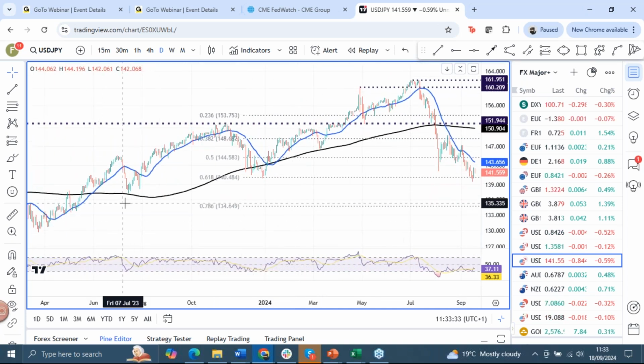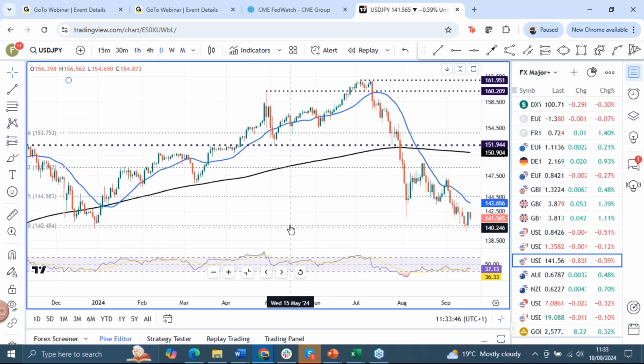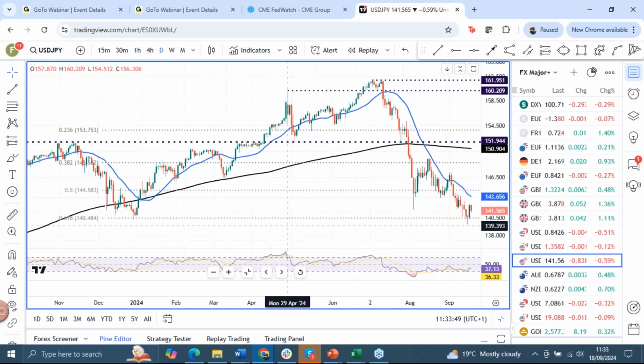Otherwise, if we do go lower, then we've probably got these swing lows here at 138.05, and then probably from July last year 137.23 to look out for, but again that's very strong support for us at 140.48.